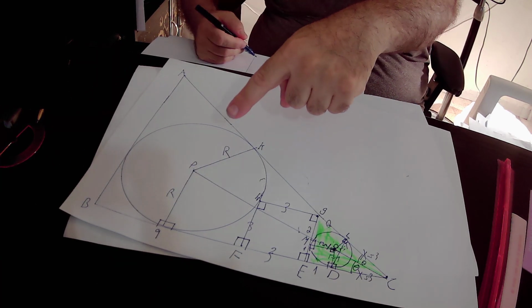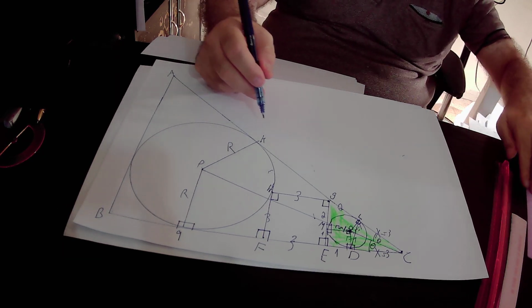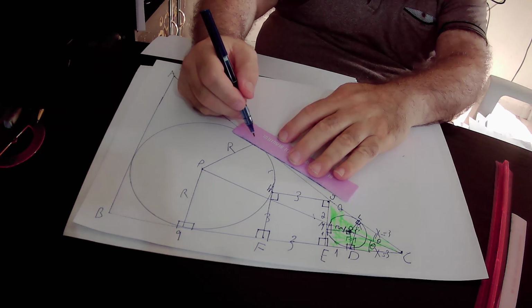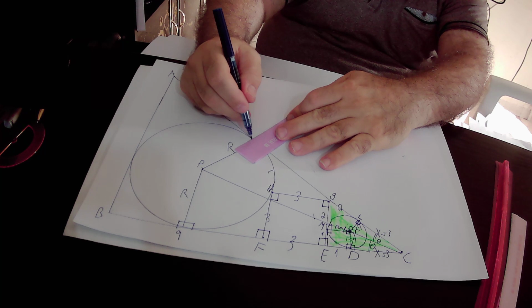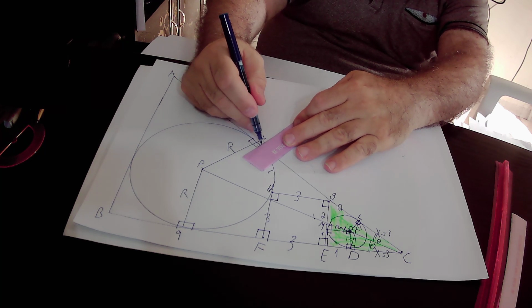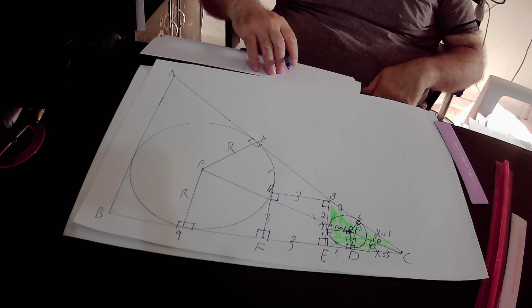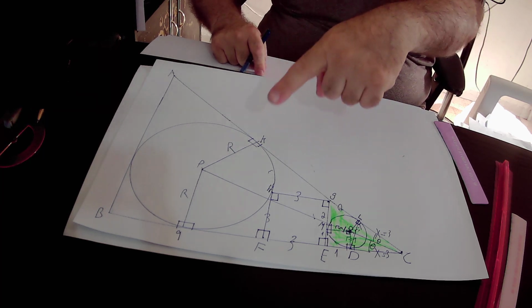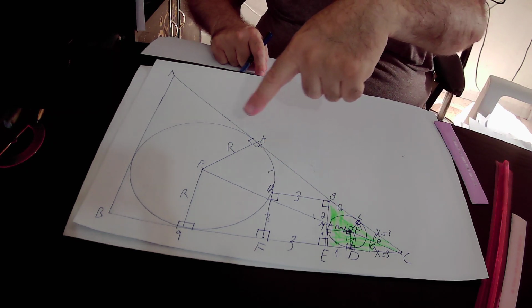Here we have the radius PK that is drawn to the point of tangency, therefore this angle is equal to 90 degrees and this angle will also be equal to 90 degrees according to rule number 1. So we created here two big right triangles, triangle PQC and the big right triangle, triangle KPC.